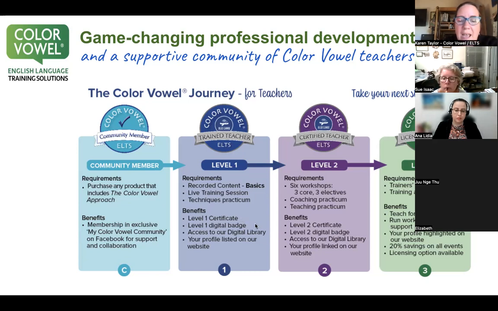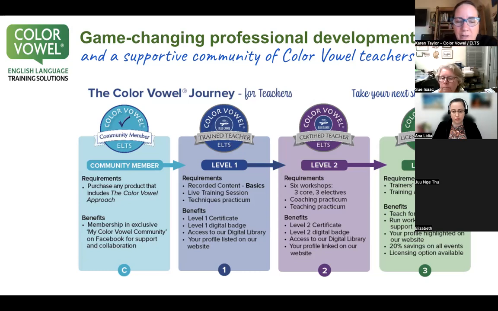You also receive a digital badge, access to our digital library with all of those images so that you can use those in your teaching materials, and your profile listed on our website. From there, we provide a range of level 2 workshops, including our core workshops and elective workshops that dig into really specific topics like vocabulary teaching, how to use readers theater, all kinds of fun, different topics.